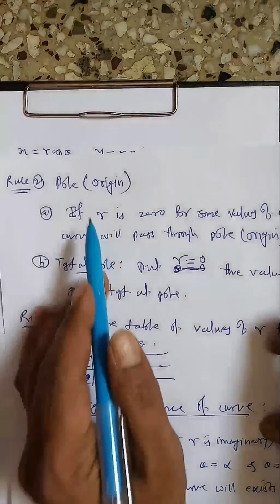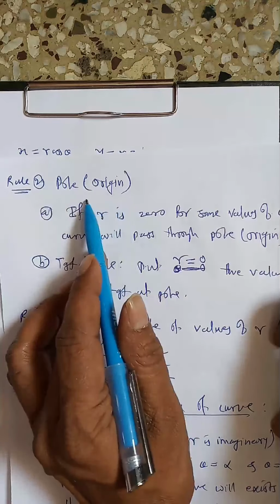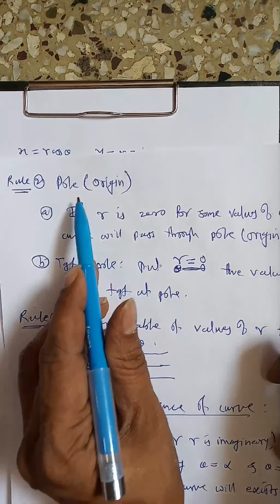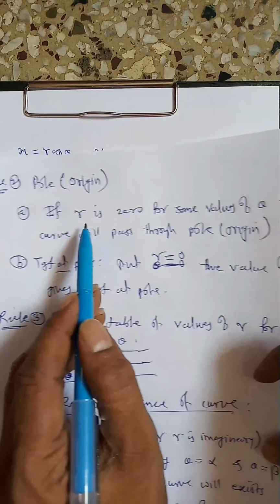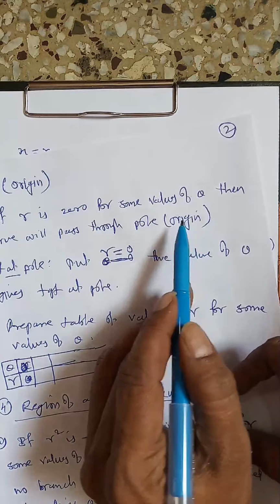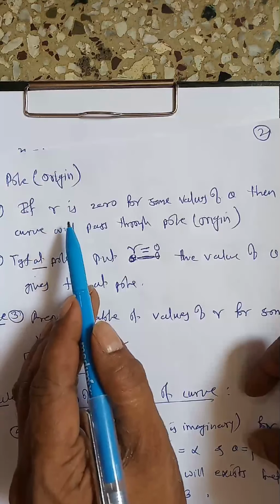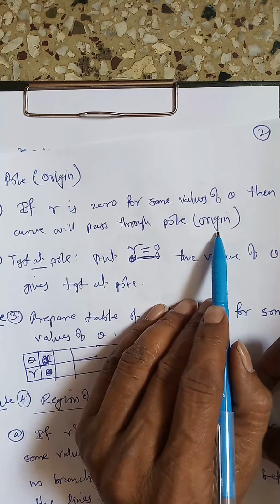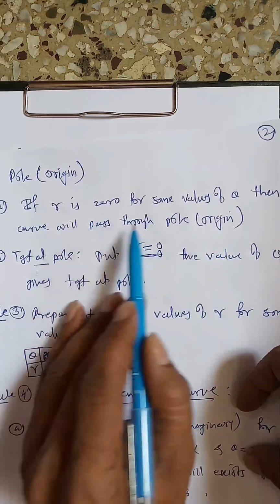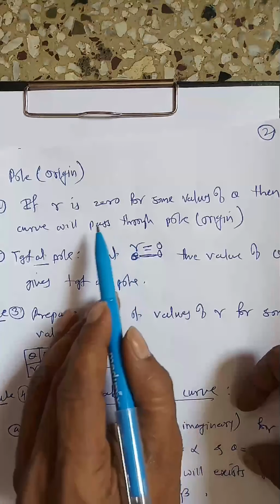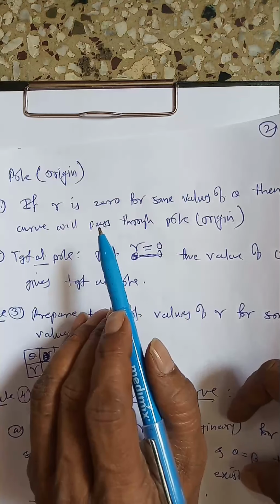Now the second rule is about the origin, or pole, in polar form. Here we check whether the value of r is 0 for some values of theta. If it is, then the curve passes through the pole or origin. Once the curve passes through the pole, it is necessary to find the tangent at the origin.